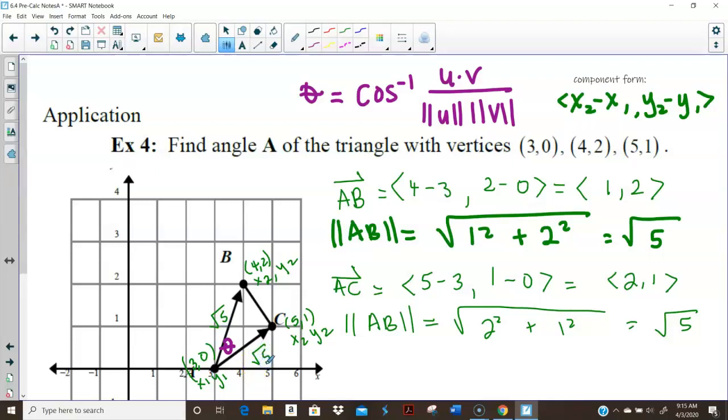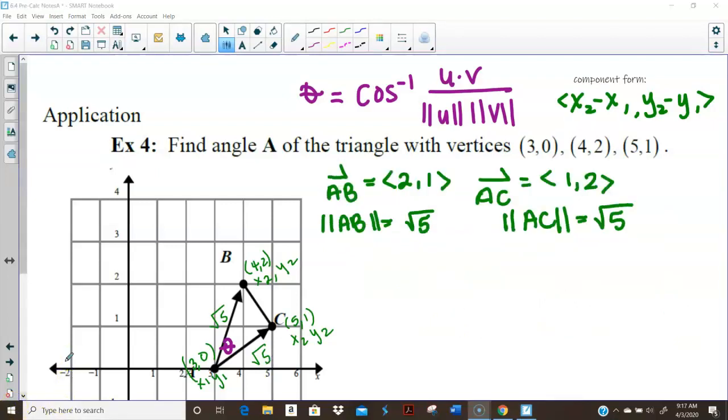Now that we know the magnitude, we can come up top and we can use the formula to find the angle in between those two vectors. Now we'll find theta. Theta is equal to the inverse cosine of u dot v.